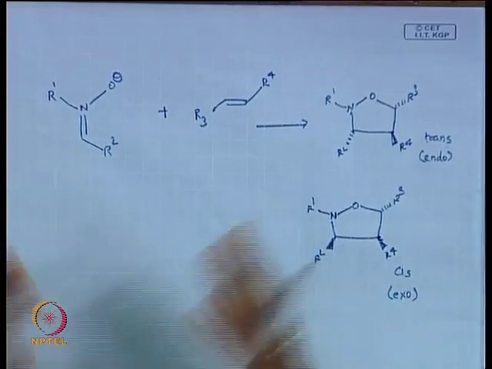Now, what we will do, now we have two products like exo and endo, but there are cases where if you take a chiral nitrone, okay, if you take a chiral cyclic nitrone, sometimes you end up with a sole product, only one product. Okay. For example, I will see this reaction. Take a cyclic chiral nitrone.